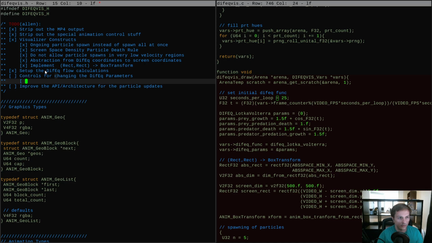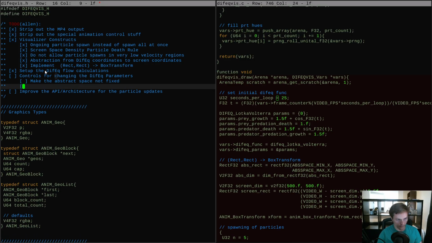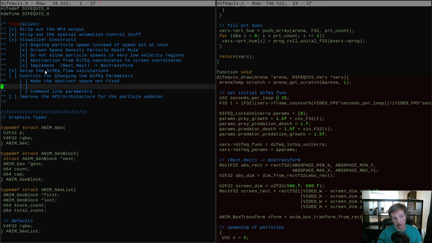This is going to include making the abstract space not fixed, command line parameters, maybe an expression interpreter. That might be too much to ask for in one day is the thing.